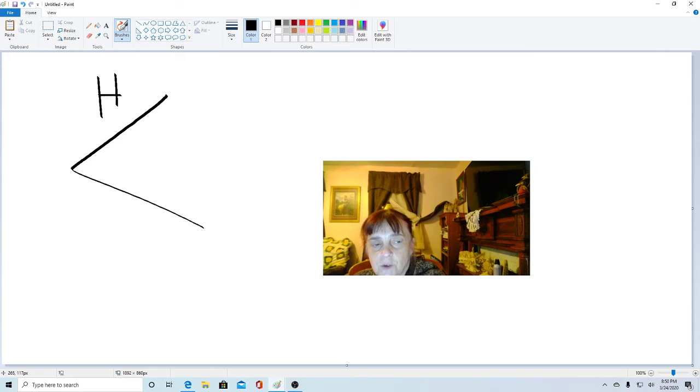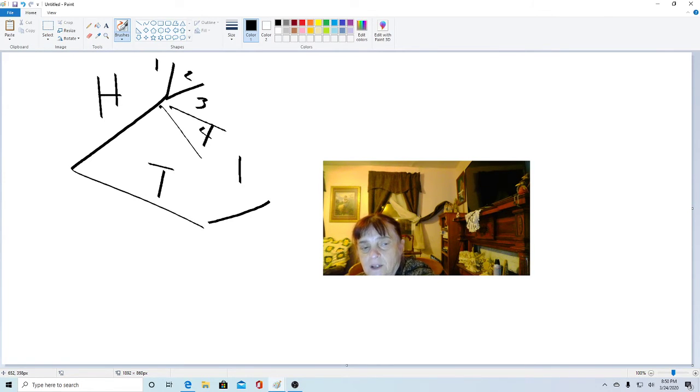Okay, you have heads or tails for the coin, and then a number 1 through 4 is selected. So you have heads 1, 2, 3, and 4, and then tails 1, tails 2, tails 3, tails 4.